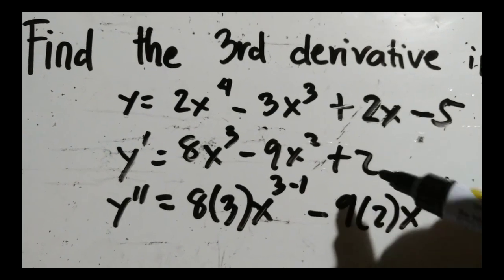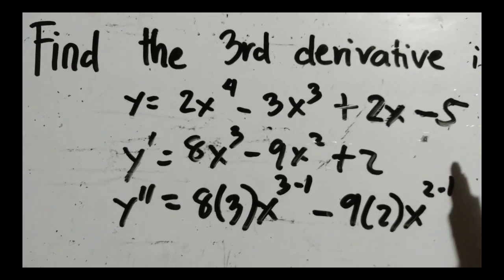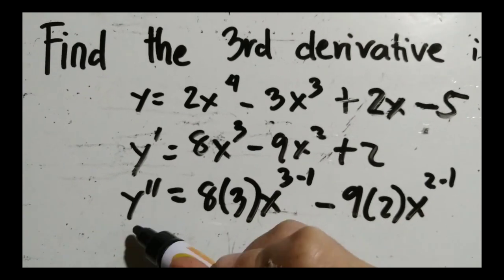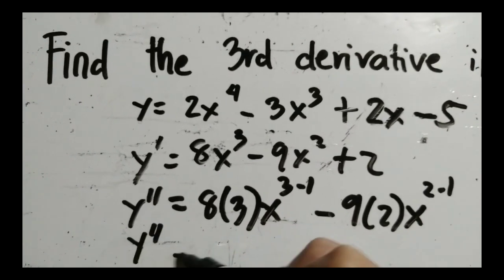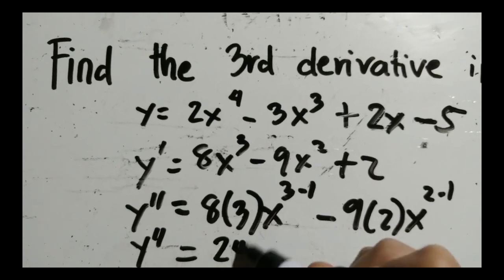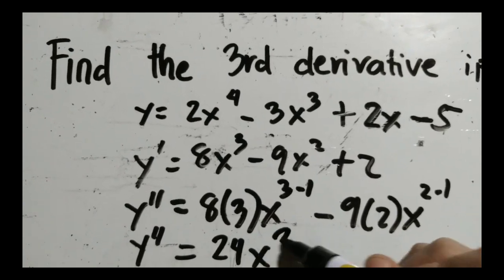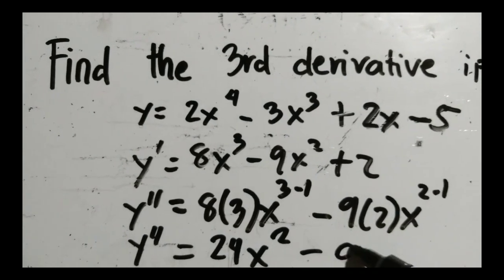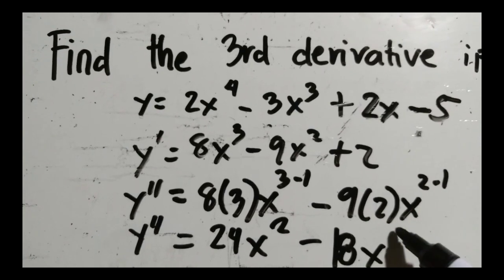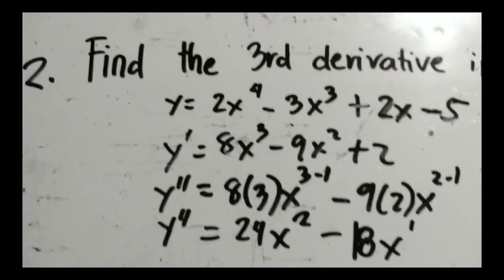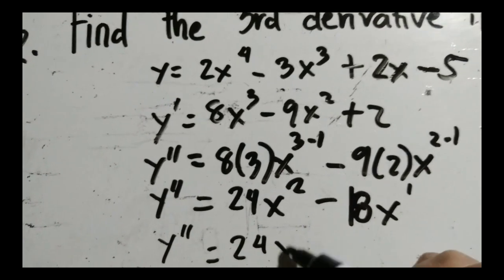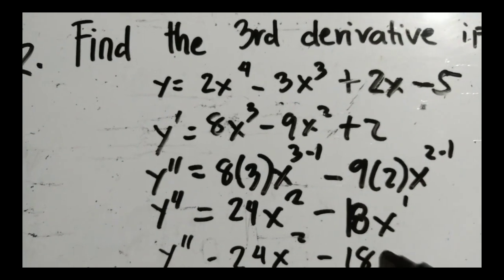According to the rule of derivatives, the constant becomes 0, so we don't need to write that. So the second derivative equals 8 times 3, that would be 24, x squared, minus 18x. So our second derivative is 24x squared minus 18x.